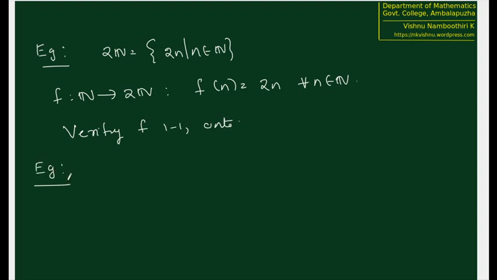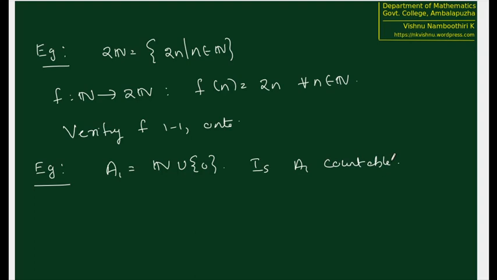Now we are moving towards another example. Suppose that we consider A1 equal to N union {0}. The question is, is A1 countable? We know that if we are taking the set of full natural numbers itself, that is countable.